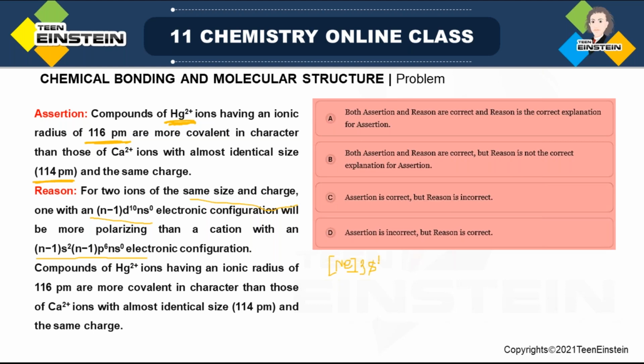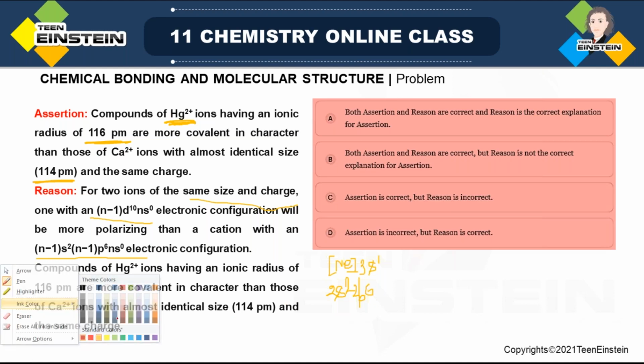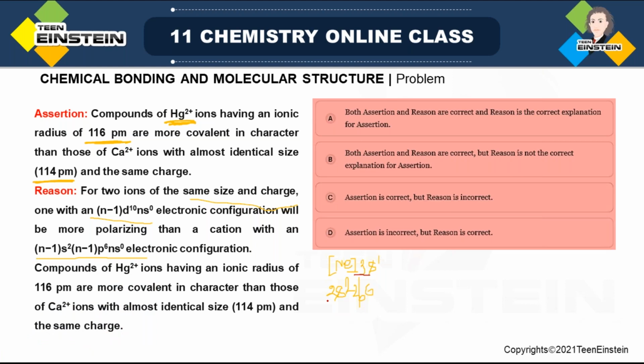The neon configuration is the outermost 2s2 2p6. The principal quantum number for sodium is 3, so n is 3 and n-1 will be 2. So the n-1 s2, n-1 p6 is mentioned here.